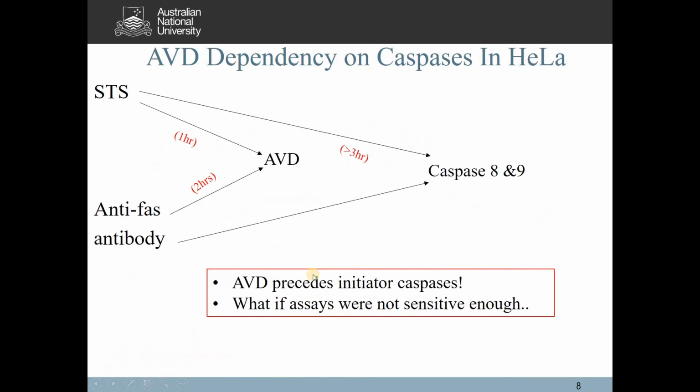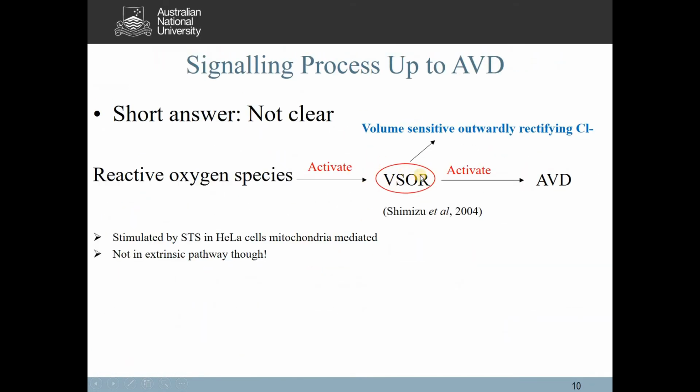So if this has been activated, they found that AVD has been activated too. But they only found this to be true in the intrinsic pathway, when induced by STS in the HeLa cell. HeLa cells are a robust human cell line used for this kind of screening, and they didn't find this to be true in the extrinsic pathway.